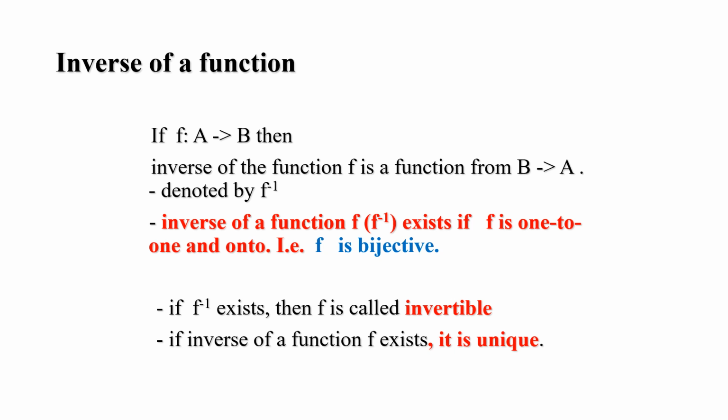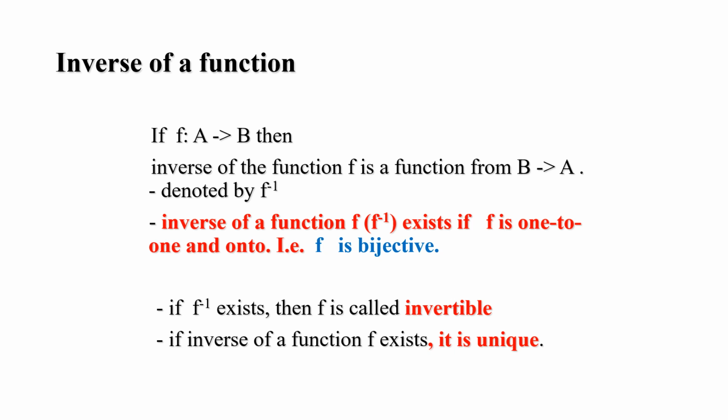Now we can see what is meant by an inverse of a function. If f is a function from A to B, then inverse of a function is a function from B to A. It is denoted by f raised to minus 1. We cannot say that for every function an inverse will exist. It is not like that.